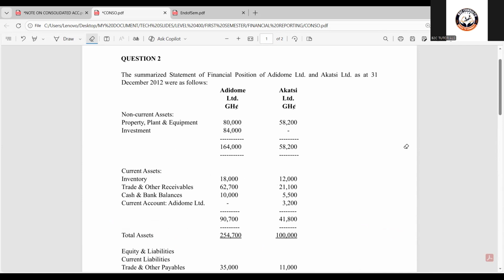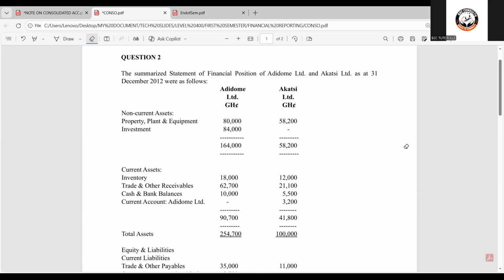Summarized statement of financial position of Adidome Limited and Akachi Limited as at 31st December 2012 were as follows. Non-current asset, PPE, investment, current asset, inventory, trade and other receivables, cash and bank balances, then current account Adidome Limited.